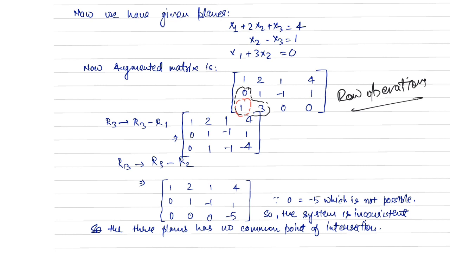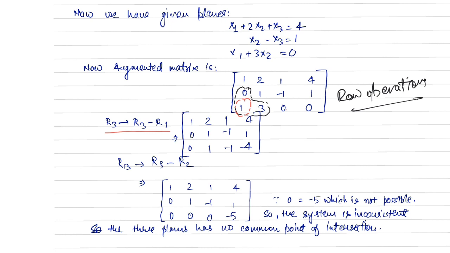If you subtract row 1 from row 3, this one will convert to 0. So I have done here R3 minus R1, that means I am subtracting row 1 from R3. 1 minus 1 is 0, 3 minus 2 is 1, 0 minus 1 is minus 1, and 0 minus 4 is minus 4.